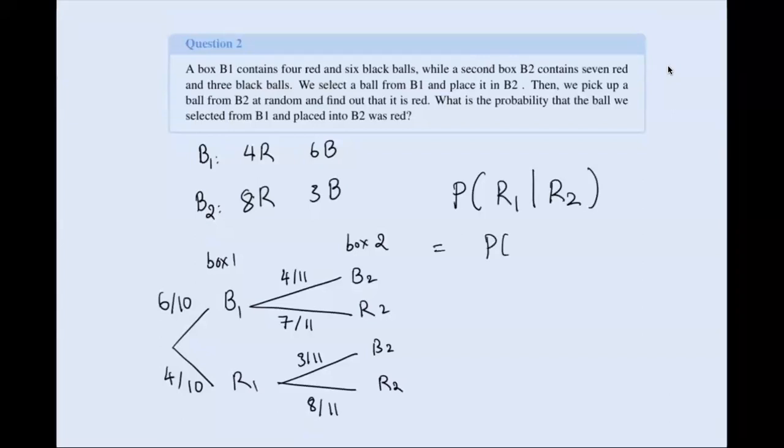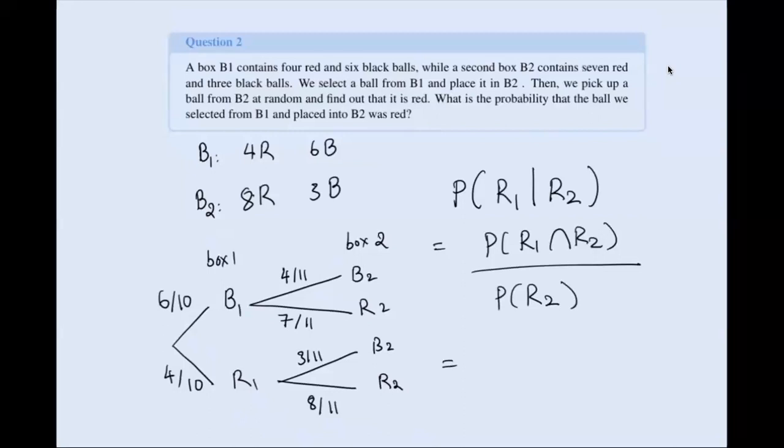So this is just the probability of the intersection divided by the probability that you pick a red ball from box 2. And you can see R1 intersect R2 is this path. So you just need to multiply 2 numbers together.